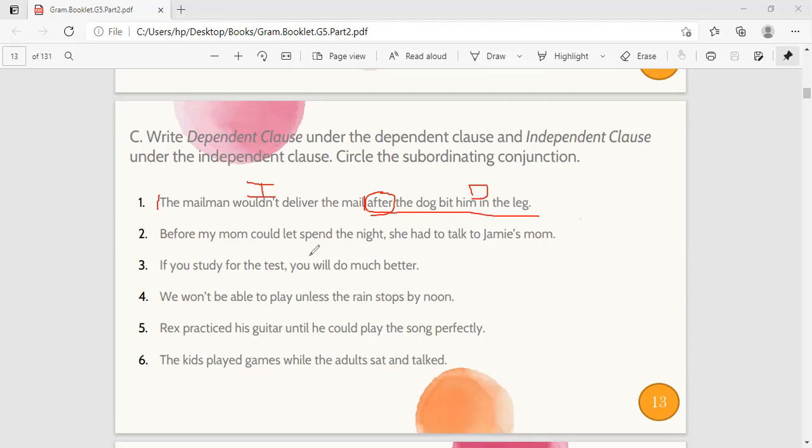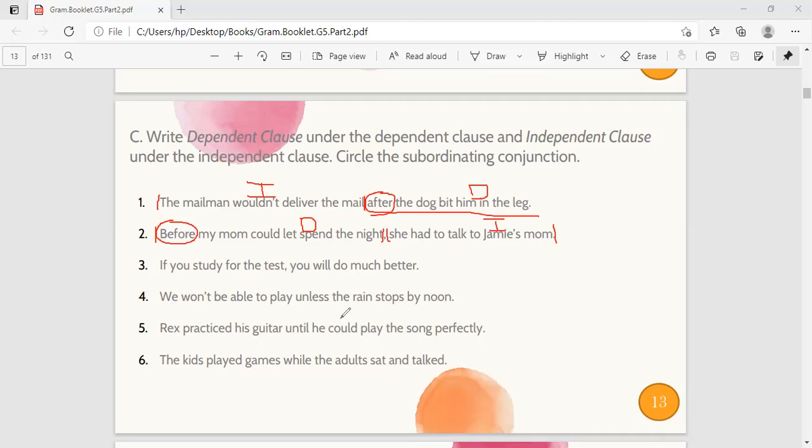What is the dependent? Before my mom could let me spend the night is the dependent clause. Excellent. And the second one is the independent clause. What is the subordinating conjunction? Before. Excellent. Thank you, Karim.